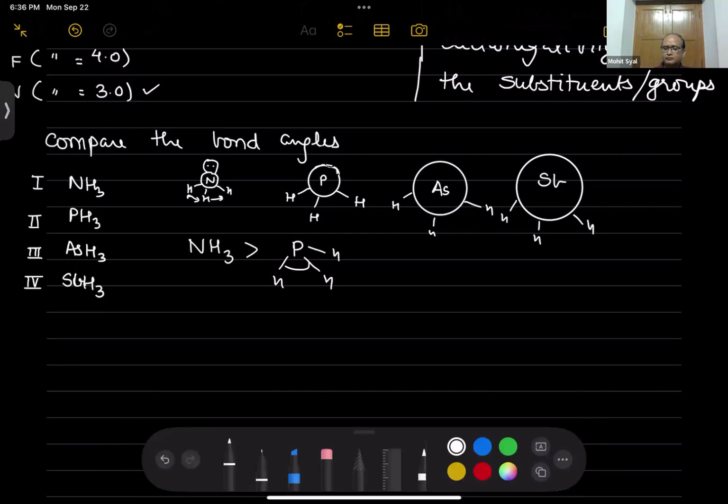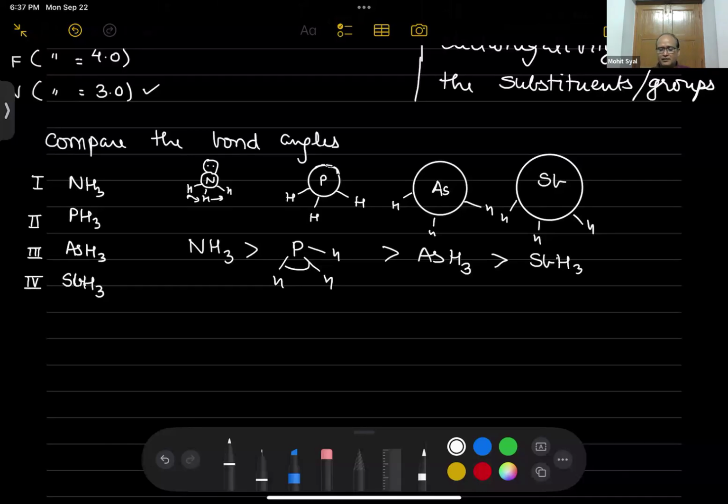PH3, AsH3, arsenic. Antimony is further bigger. The same three atoms are there, but they are too far apart. One is on this side, another on that side. The same three hydrogens, but the central atom has increased its size.